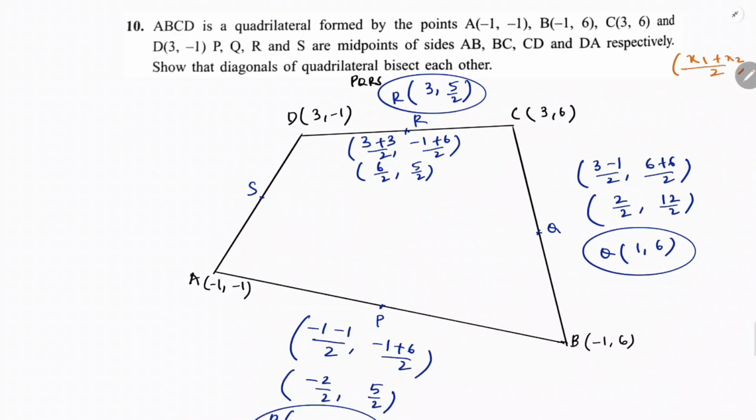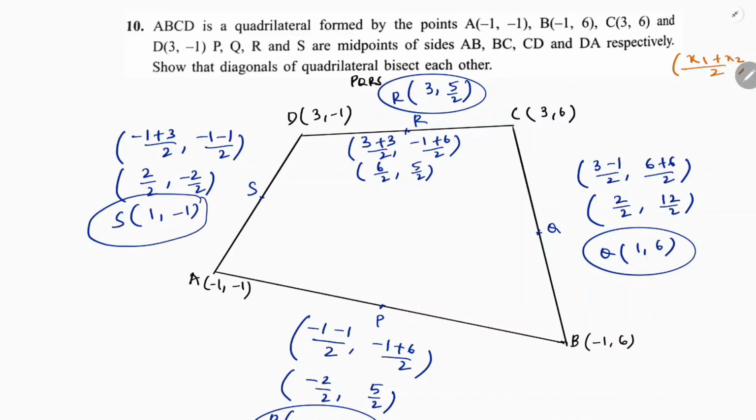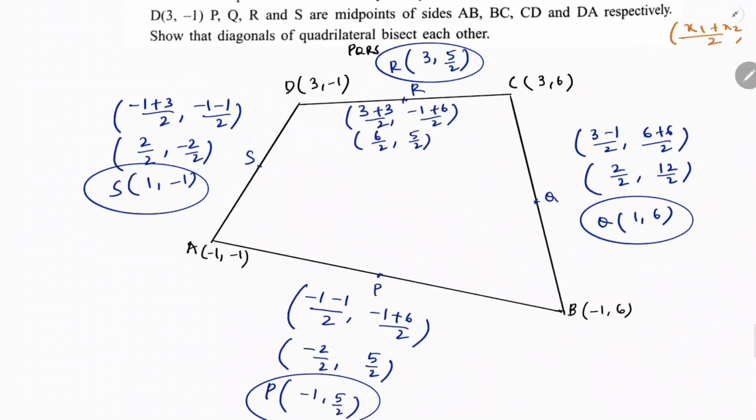Now I need to find S, the midpoint of AD: (-1 plus 3) by 2, (-1 plus -1) by 2, so 2 by 2, -2 by 2. So S is (1, -1). So we have all the values of P, Q, R, S.